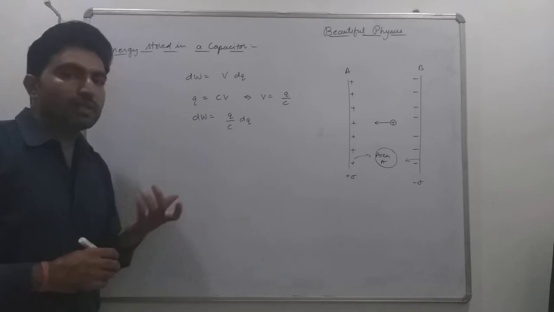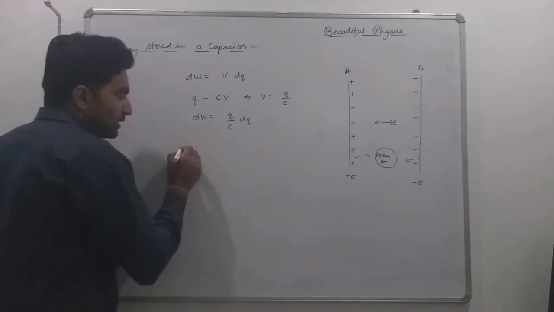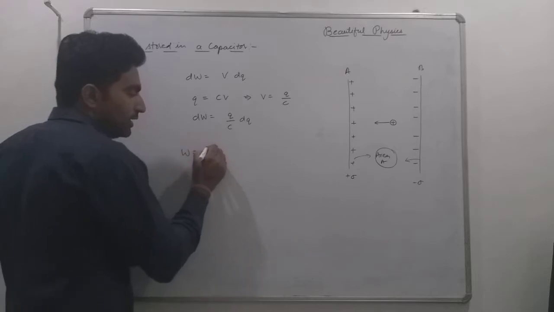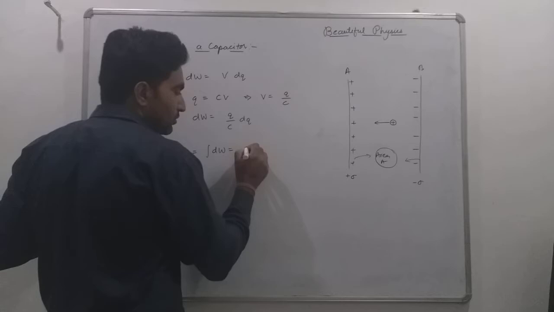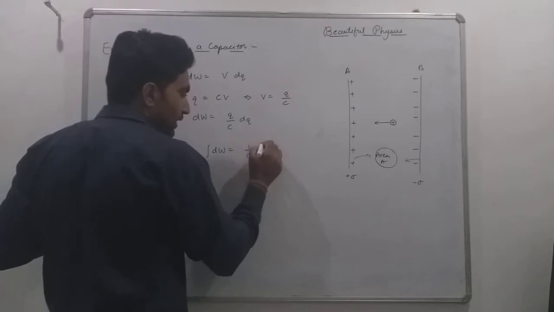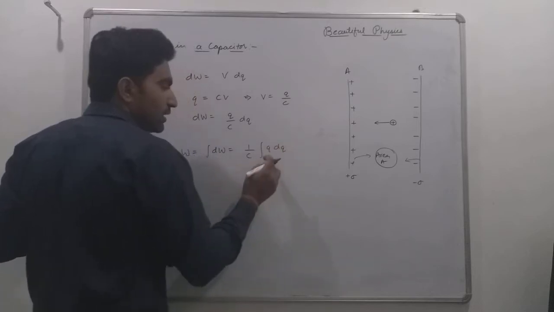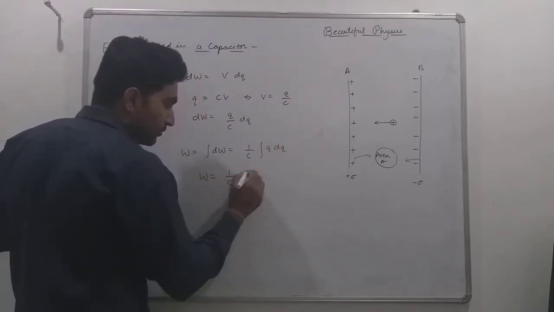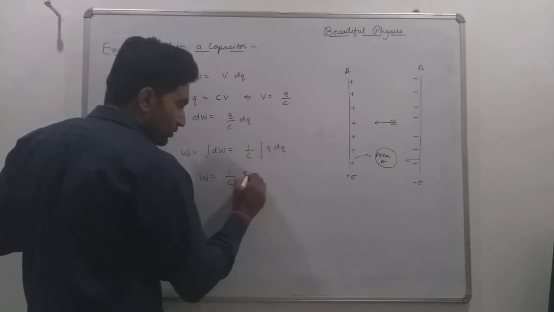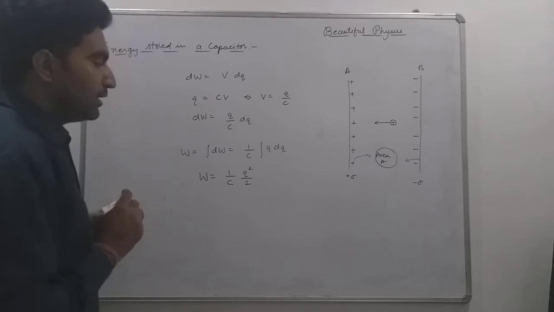Then the total work done will be equal to the integration of the small amount of work done. So W will be equal to the integral of dW, which is 1 by C, taken outside, times the integration of Q dQ, and the integration of Q is Q square divided by 2.